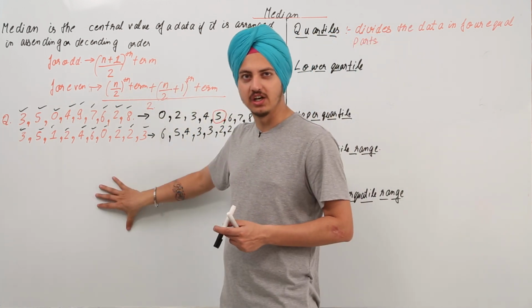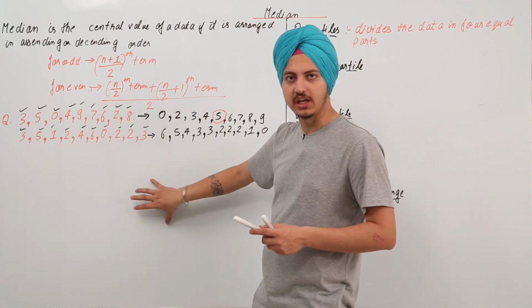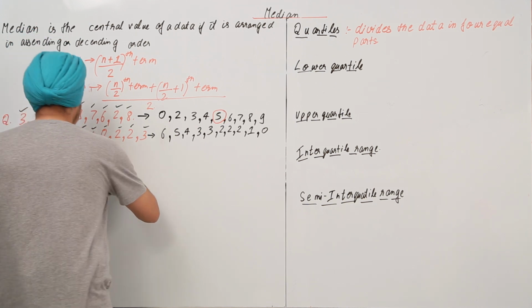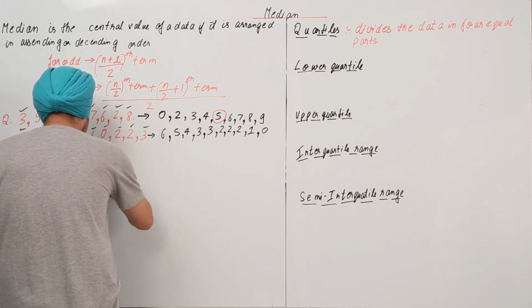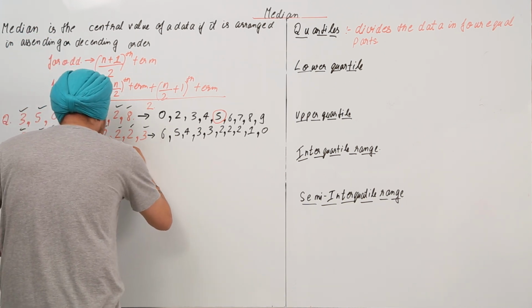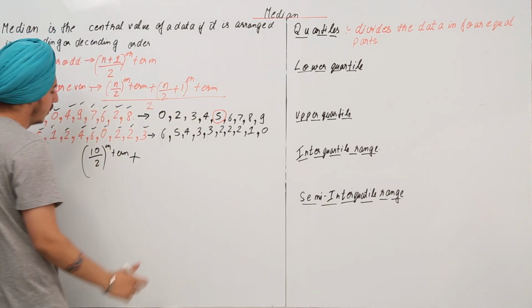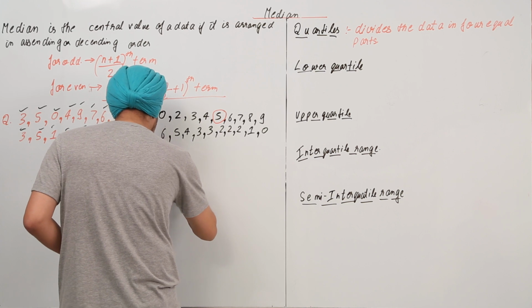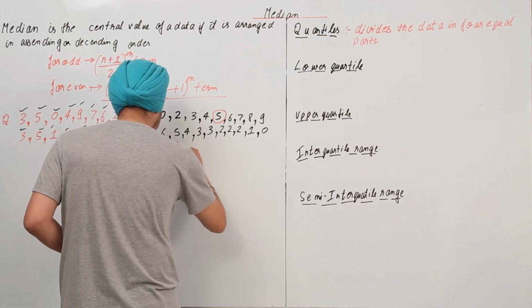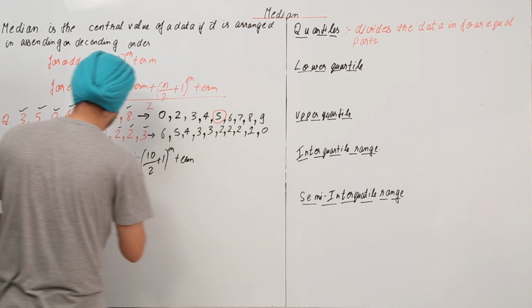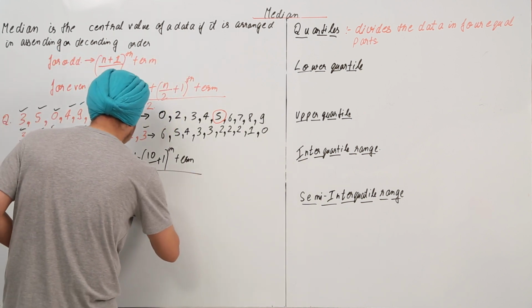I'm not writing the formula again, I'm just writing what it means in this data. The number of observations is 10. So that is the 10 by 2 term, plus the n by 2 plus 1, that is 10 by 2 plus 1 term, this whole divided by 2.